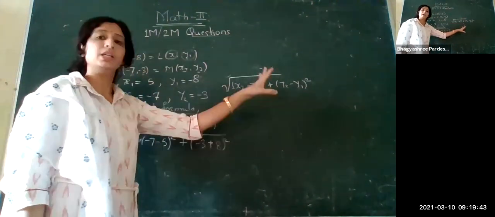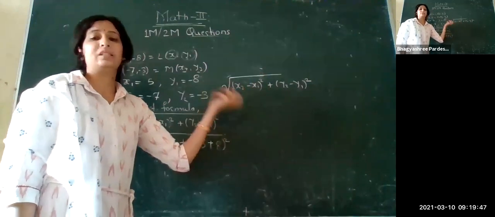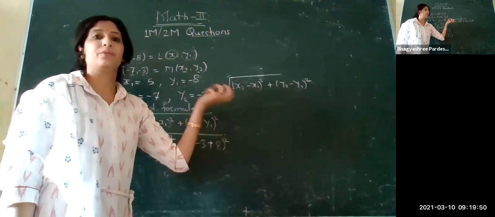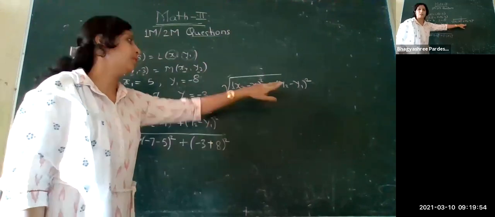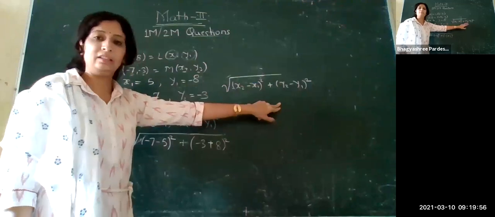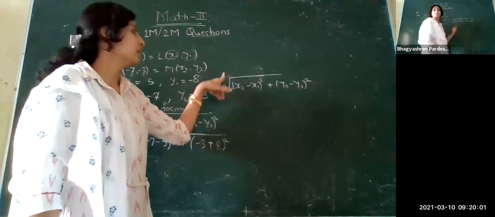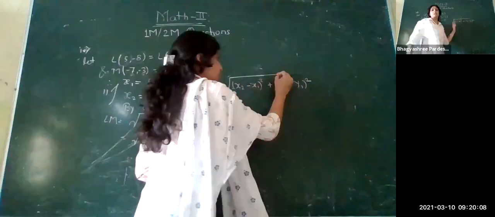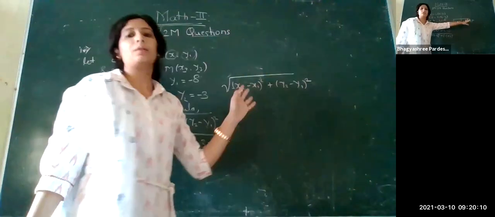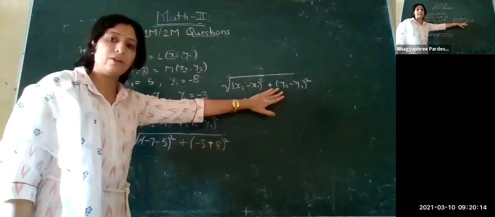Obviously, the examiner knows what the meaning is and you solve accordingly, but still the examiner is very strict. He will not give the marks for this. So while writing this formula, make it very clear how you are writing it. Your square root sign must cover the whole formula. Don't do it carelessly. Sometimes the examiner can cut your marks. Be very careful while writing this type of formula.